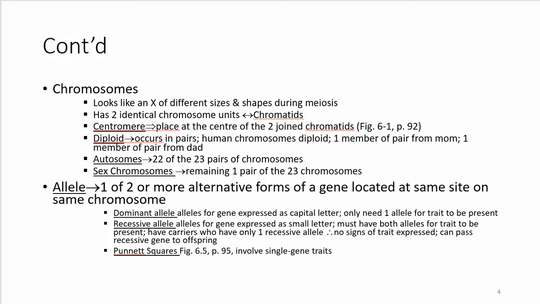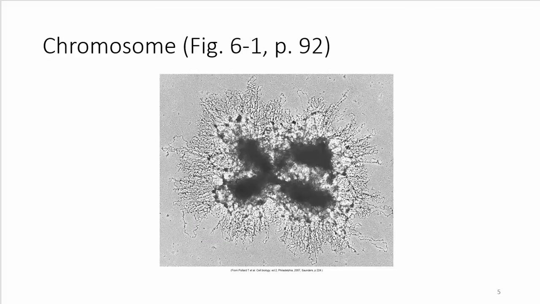Punnett squares. Punnett squares look at the relationship between the dominant and recessive alleles, and I'll talk about them when we talk about the single gene disorders. So when we look at a chromosome, they end up looking like this. This is a photomicrograph of it. You can see that it's egg-shaped.